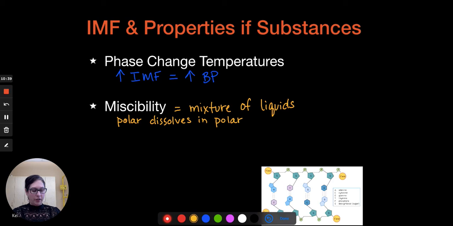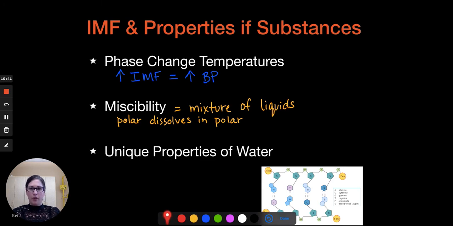Our unique properties of water, so we have a whole bunch of unique properties of water that we usually cover quite a bit in biology, as well as the integrity of DNA. And so here's an interesting thing with DNA. So over here we have this DNA molecule. The purple are all of the covalent bonds on the backbone of this DNA molecule.